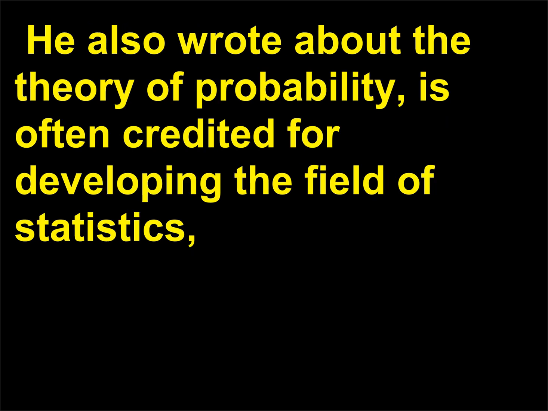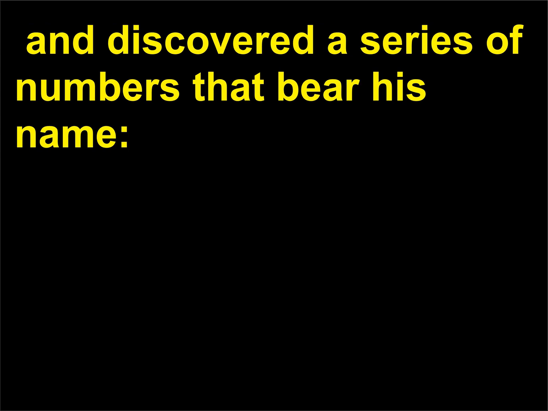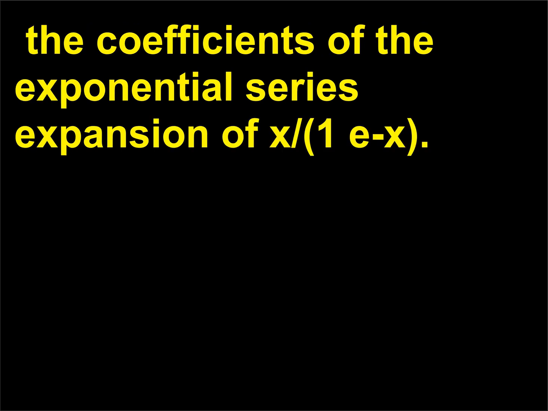He also wrote about the theory of probability, is often credited for developing the field of statistics, and discovered a series of numbers that bear his name, the coefficients of the exponential series expansion of x/(e^x - 1).